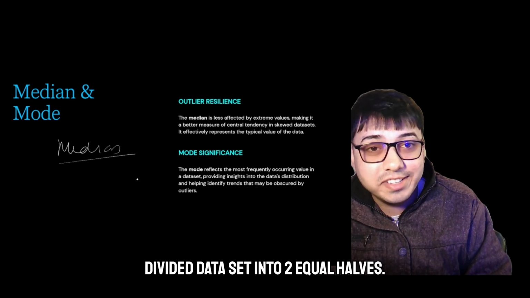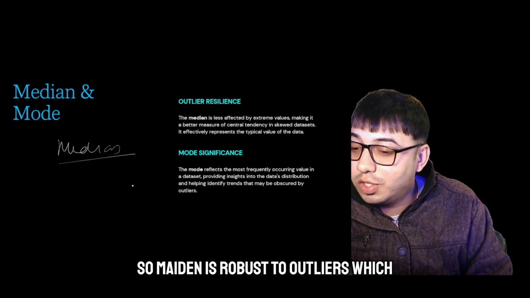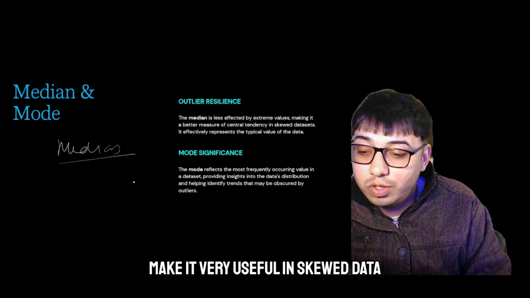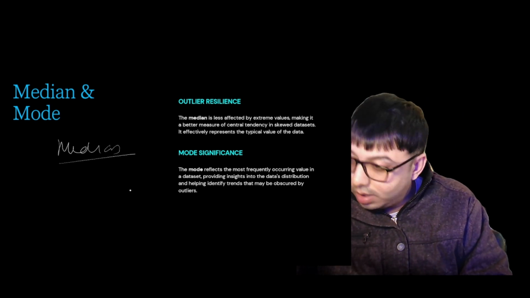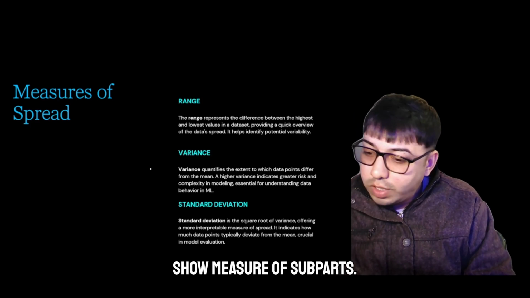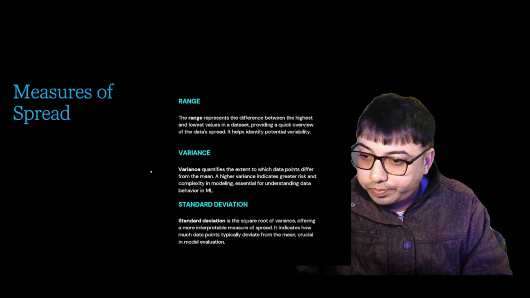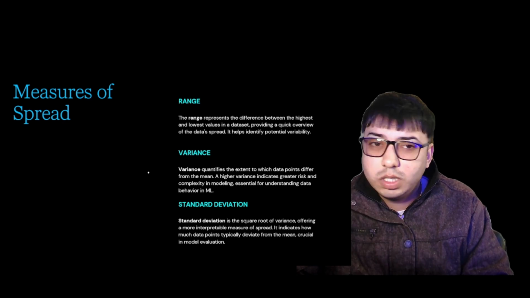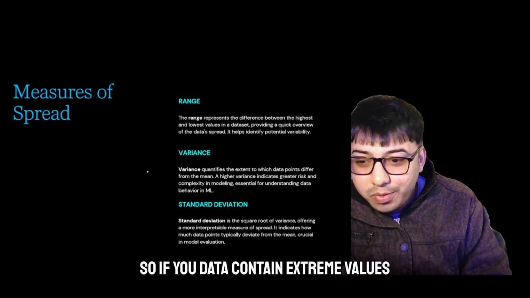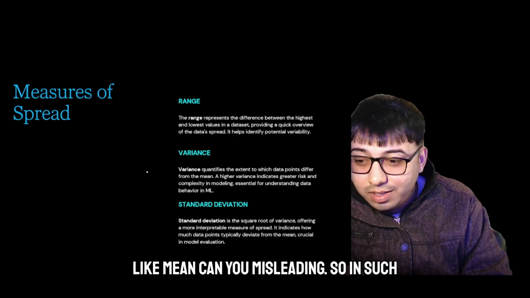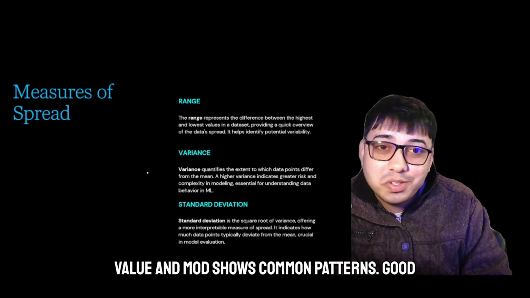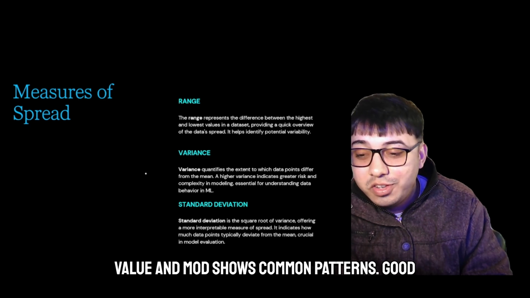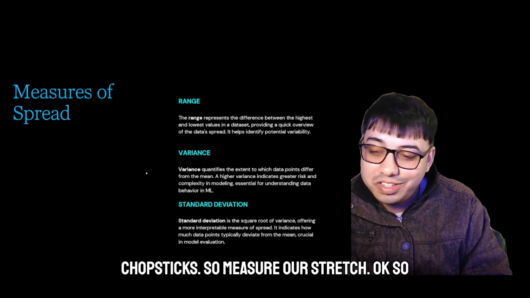It divides the data set into two equal halves. The median is robust to outliers, which makes it very useful in skewed data sets. If your data contains extreme values, the mean can be misleading. In such cases, the median gives a better typical value, and the mode shows common patterns. Good ML starts with choosing the right statistics.